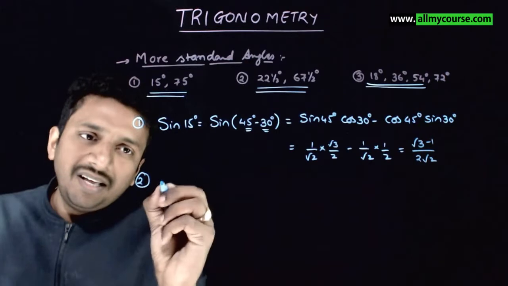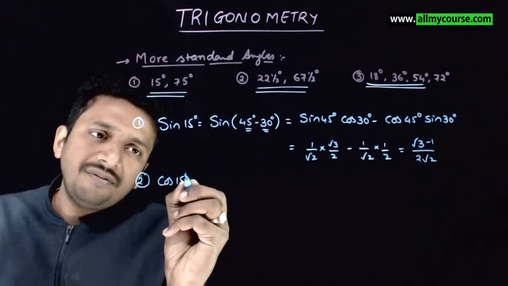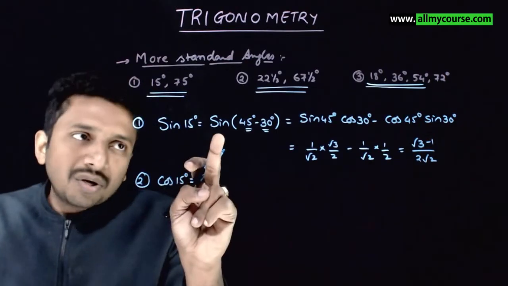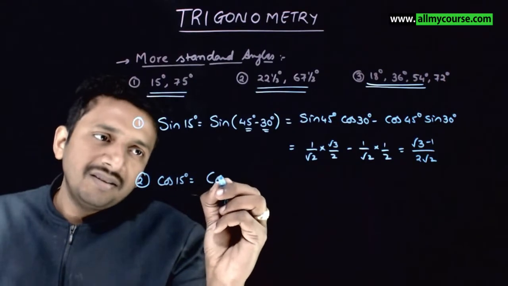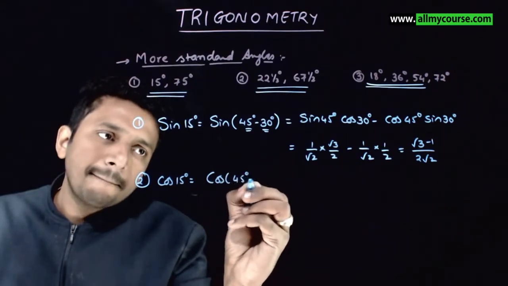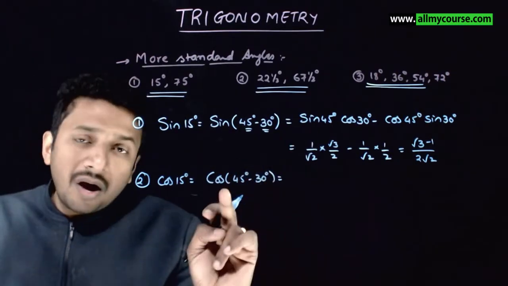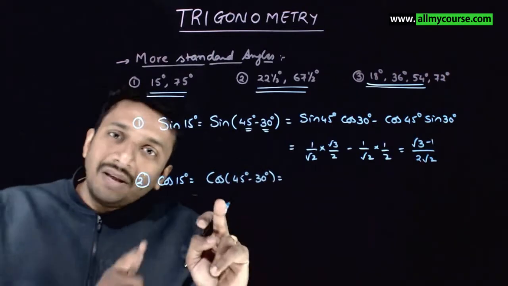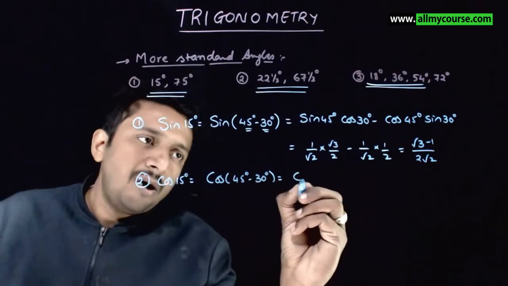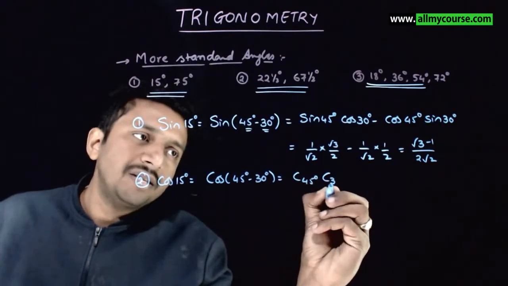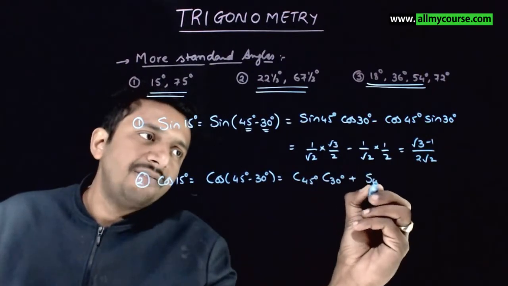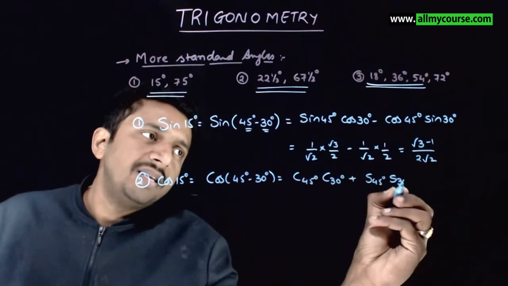Similarly, if you want cos 15 degrees, we use cos of (45 minus 30). Cos (A minus B) is cos A cos B plus sin A sin B. That is cos 45 into cos 30 plus sin 45 into sin 30.